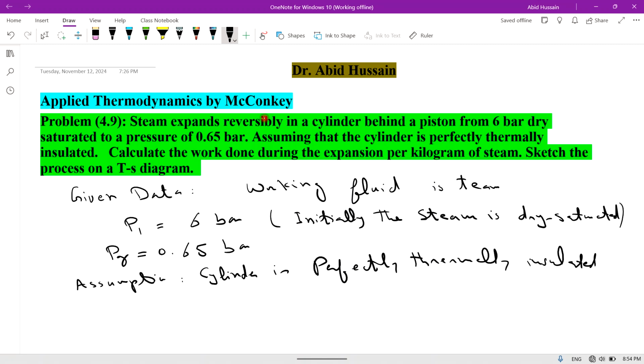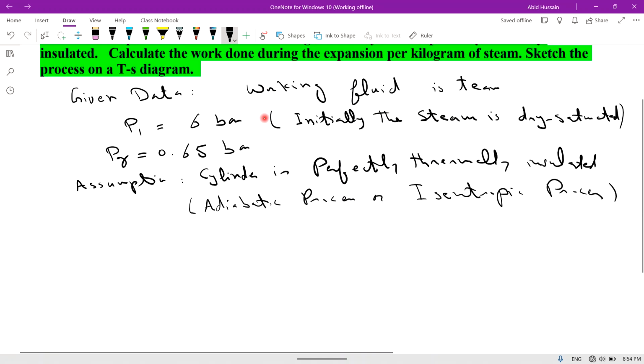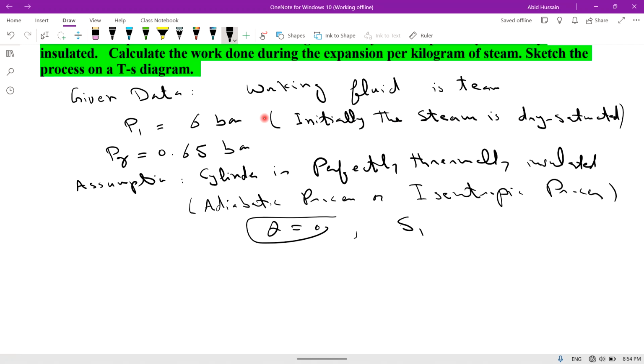When there is no heat loss and gain from the cylinder, that process is called an adiabatic process, or isentropic process, a constant entropy process. So Q will be 0 and the entropy of point 1 and the entropy of point 2 will be the same: S1 is equal to S2 is equal to S.